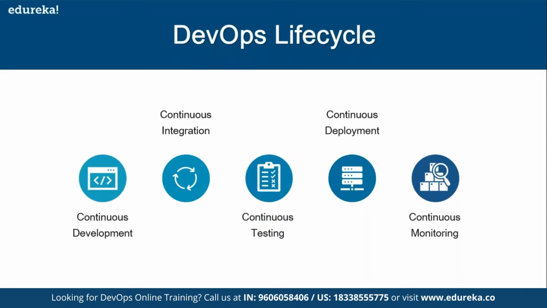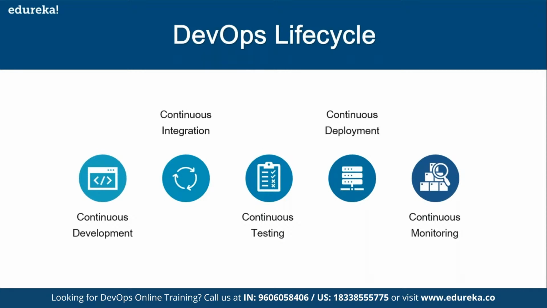As of now, continuous development is simply a phase that involves planning and coding of the software. The vision of the project is usually decided during the planning phase. That's what continuous development is, right?